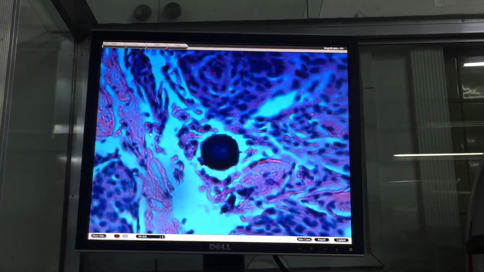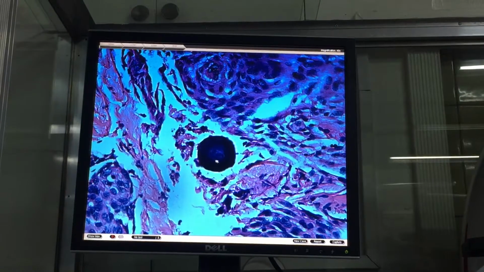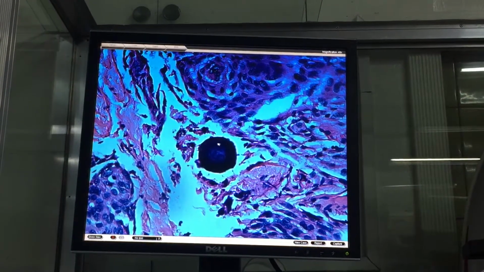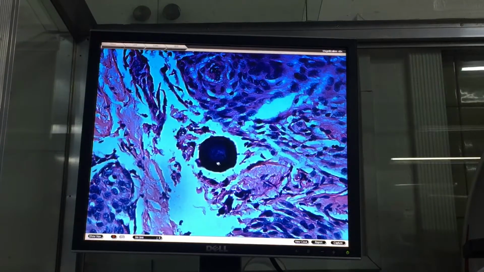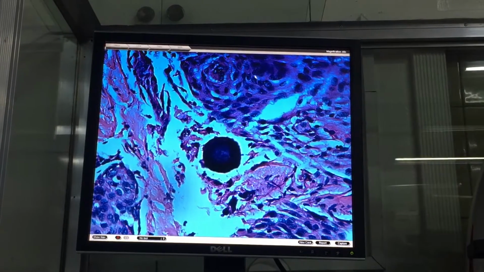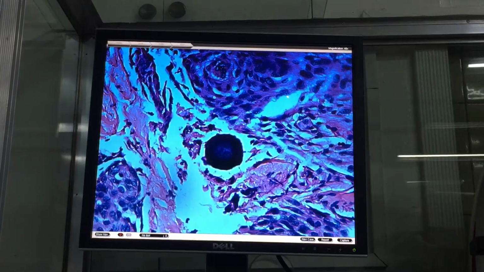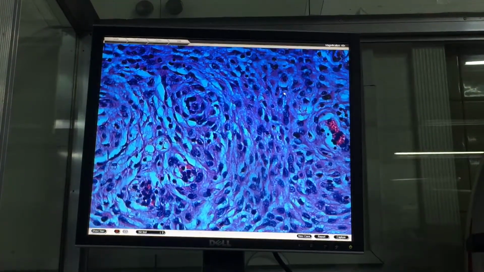See again the crescentic structure, layering of calcification. So this is your psammoma bodies, and those cells are your meningothelial cells. So this is meningothelial meningioma.